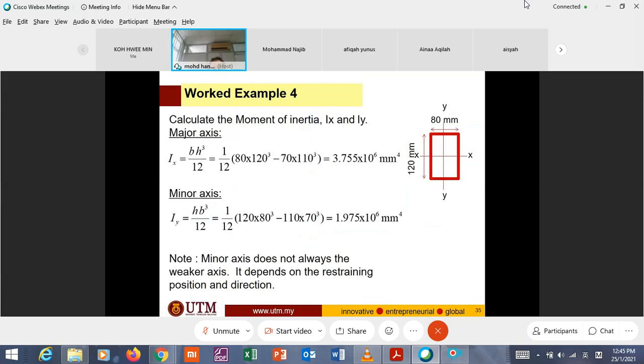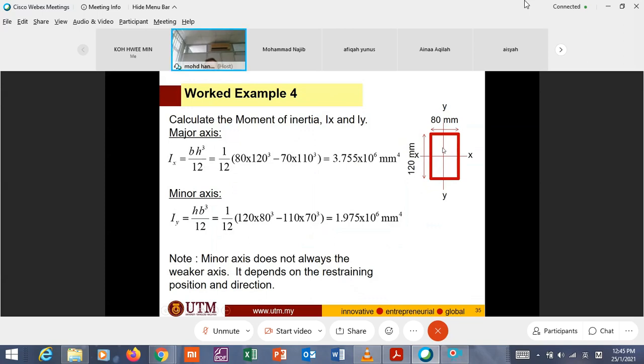Now calculate I value. We have Ix and Iy. How to calculate the I value is I based on external dimension, and then minus deduction with the hollow.